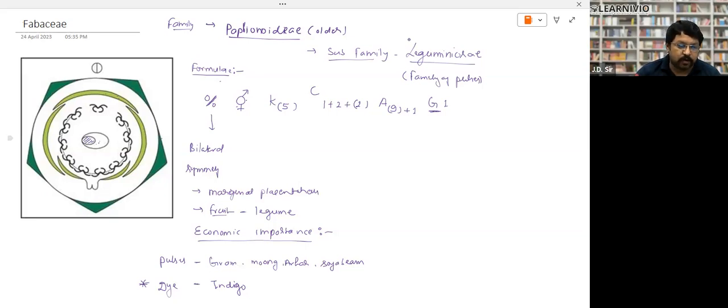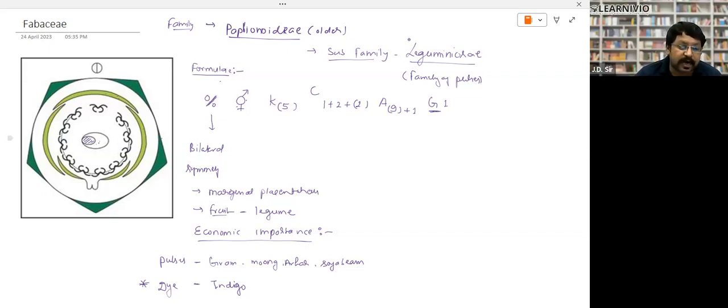You can cut this flower into two parts only from this axis. The flower is not radial symmetry. It has bilateral symmetry. Zygomorphic. This symbol belongs to zygomorphic. Bisexual means both of the sexes are available.